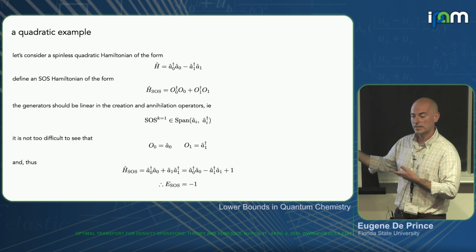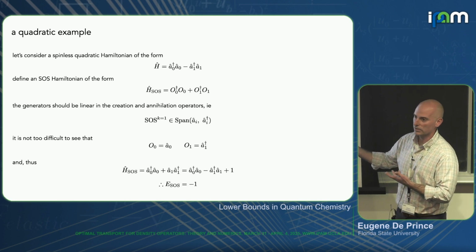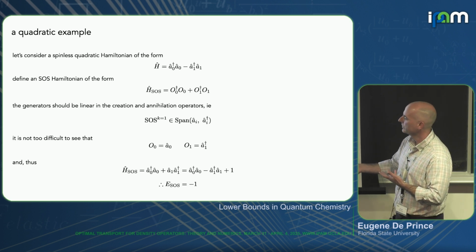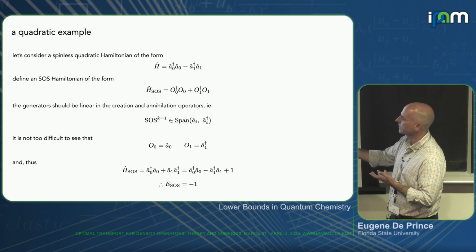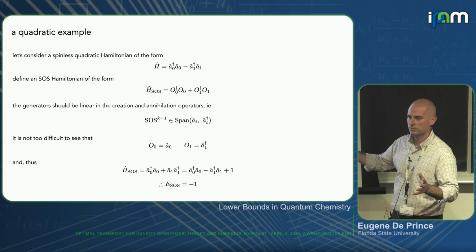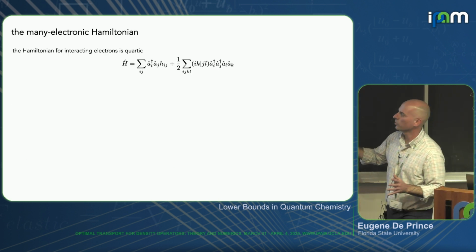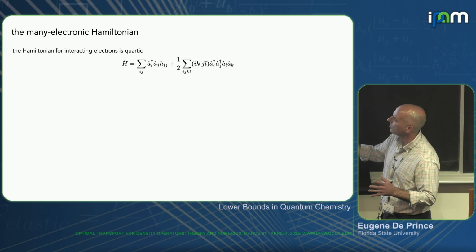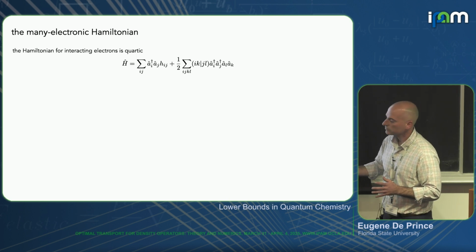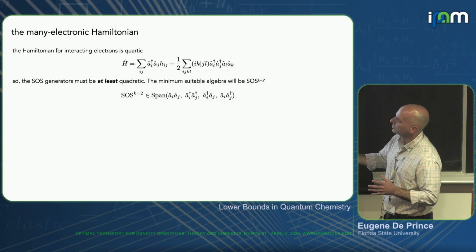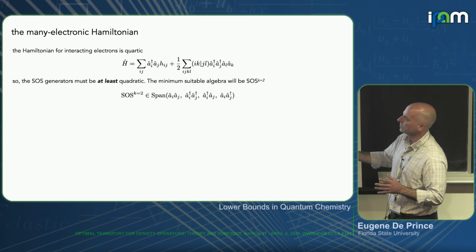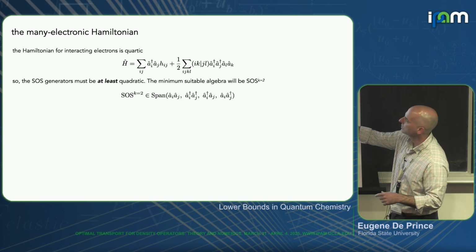In this case, this isn't a lower bound. It is exactly the ground state energy for the Hamiltonian, because I have an algebra that is complete. In the quadratic-quartic case, things get much more complicated because now I have one-body operators and two-body operators. And so the generators need to be at least quadratic so I can generate things that look quartic.